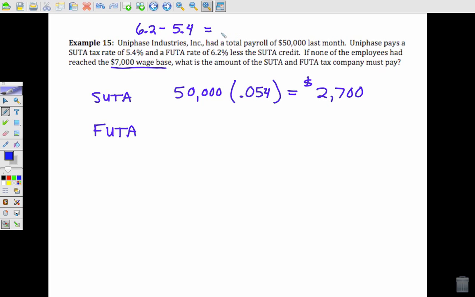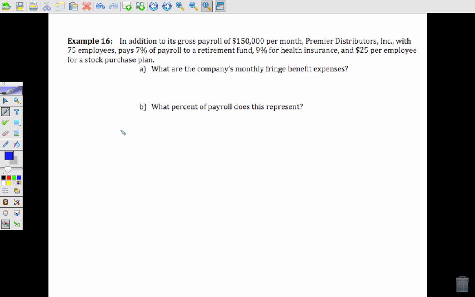If I subtract 6.2% minus 5.4%, that's when I get the 0.8%. That's where we got the 0.8 earlier. So you take $50,000 times 0.008, and the federal then gives us $400. All right, this all goes to unemployment tax. That's both state and federal amounts that are being contributed for this employer.